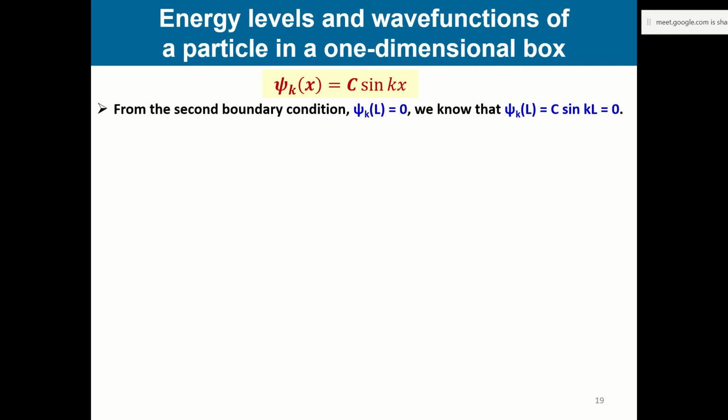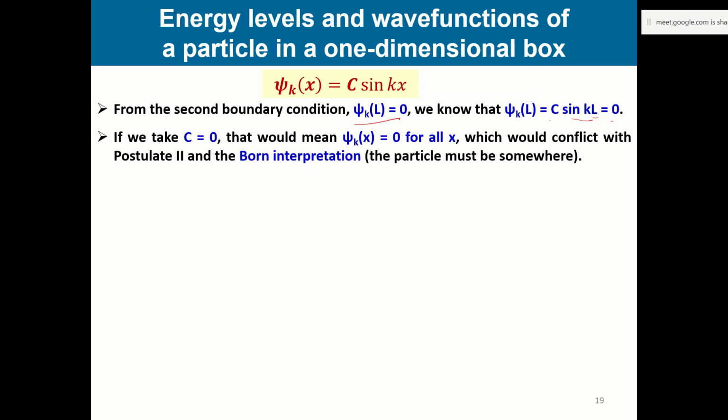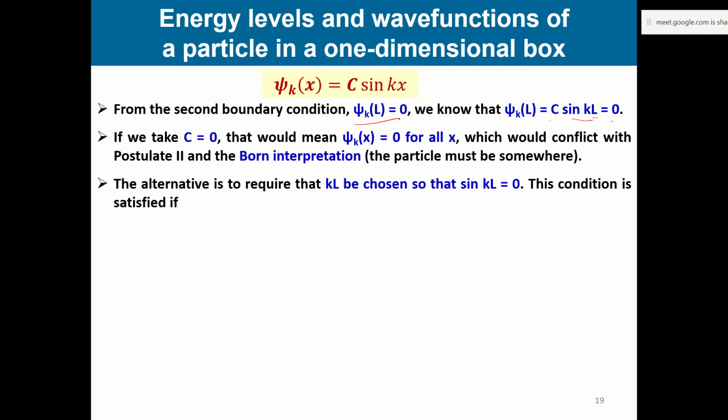Now again you apply the second boundary condition. At the length L, the function becomes c sine kL, capital L, and the whole thing should be 0. You cannot make c 0, because that would mean that for all values of x the function is 0. That's not possible, because the particle would then be nowhere to be found.